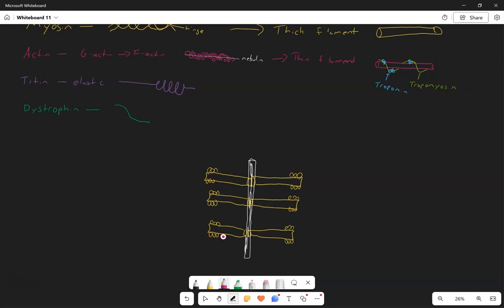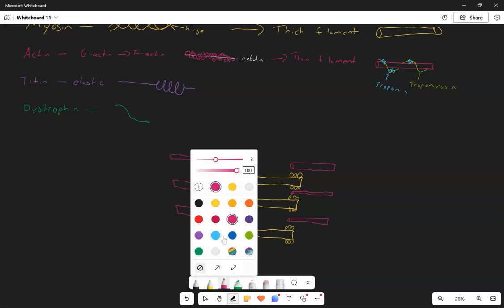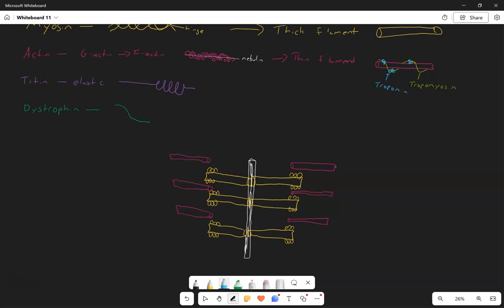Then what you have overlapping that is your thin filament, like this, and the same thing on the other side, like so. Those thin filaments are connected to something known as the Z disc.